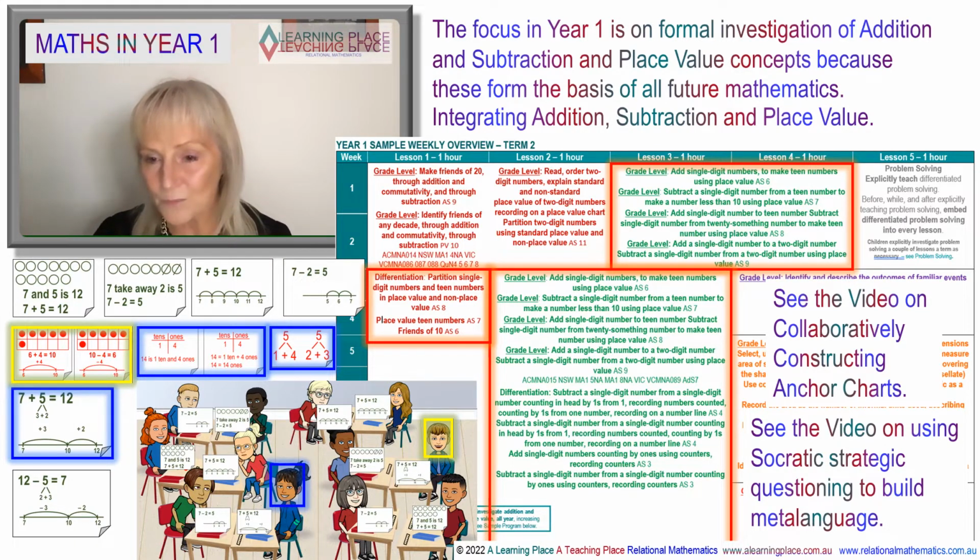Because once they can bridge 10 with addition and subtraction, bridging 20 in any decade is not very much more complex learning, and bridging hundreds in year 2 and bridging thousands and tens of thousands in year 3, 4 onwards, and then bridging decimal place values in year 5 and 6, there's no new learning. It's the exact same learning that they spent their entire year 1 learning.